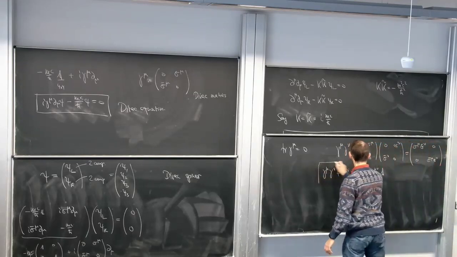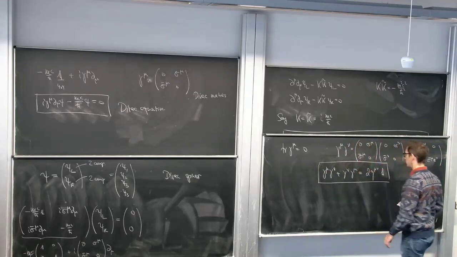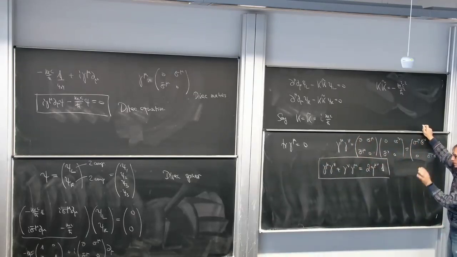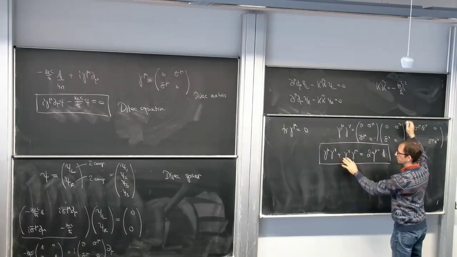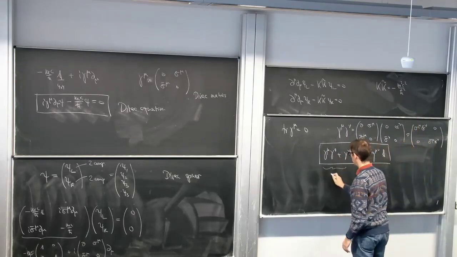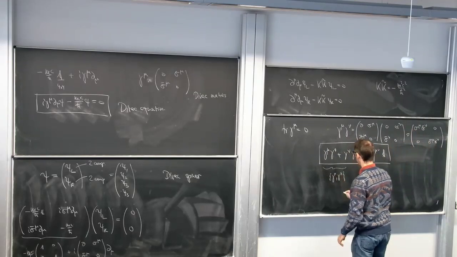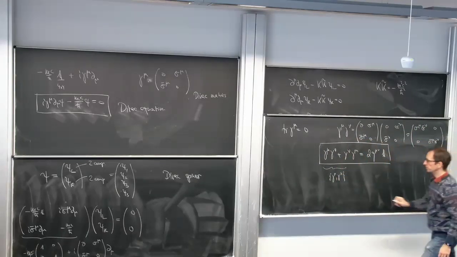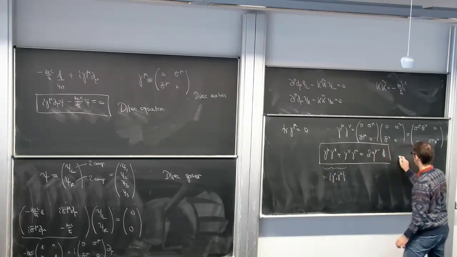And that's an important one. And we also saw this, at some point I claimed it. By the way, this people write as the anti-commutator, gamma mu, gamma nu with the plus, it's just a definition. And this is called the Dirac algebra.